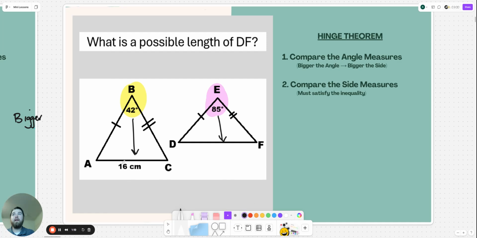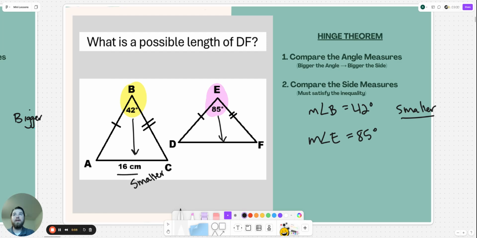So AC is going to be across from angle B. The measure of angle B is 42 degrees, which is smaller than the measure of angle E, which is 85 degrees. Because of that, I know that the side that's across from angle B has to be smaller than DF.